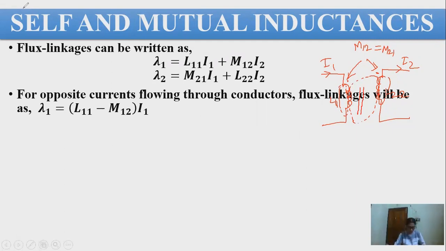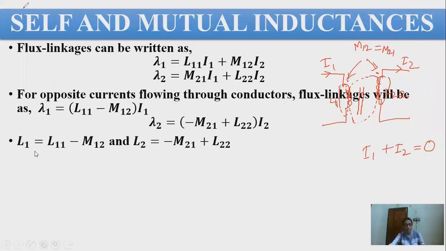If both conductors are carrying current equal in magnitude but opposite in direction, then lambda 1 equals (L11 plus M12) into I1, and lambda 2 equals (minus M21 plus L22) into I2.